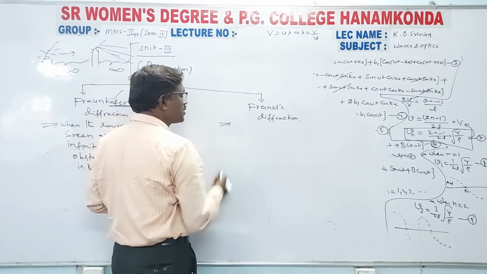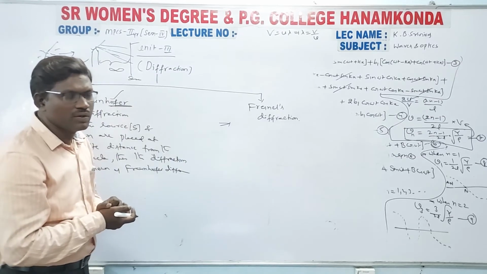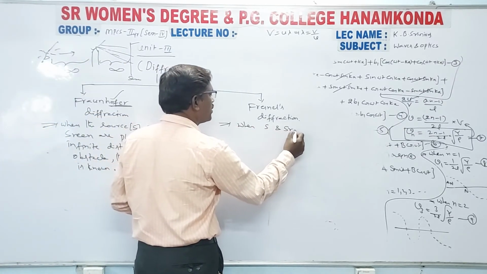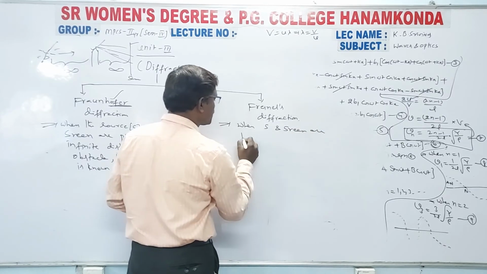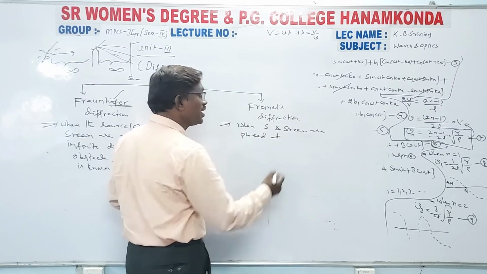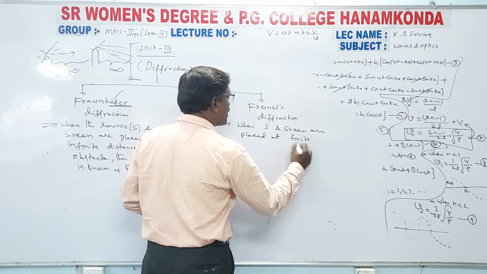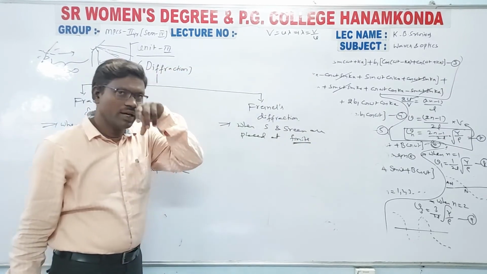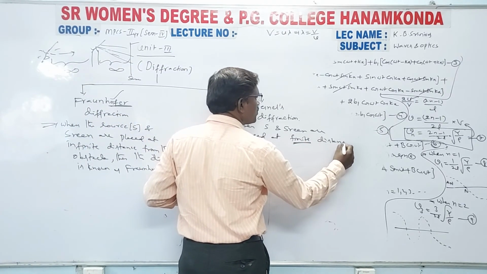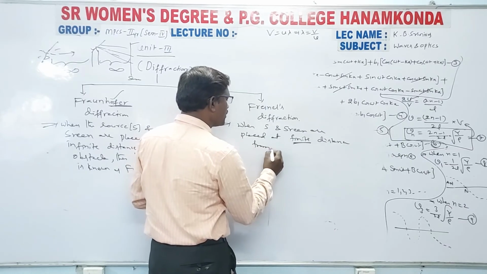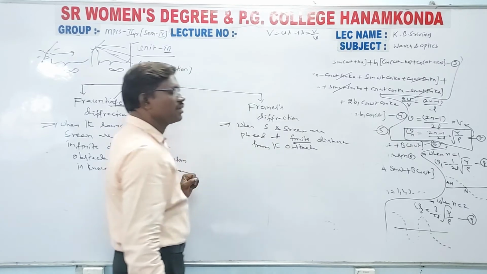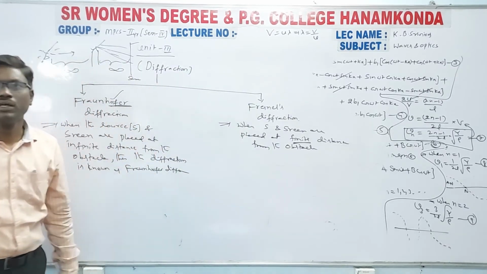Coming to Fresnel's diffraction, opposite to Fraunhofer. When the source and screen are placed at a minimum distance or finite distance from the obstacle, which is a very important term, the corresponding diffraction at the obstacle is known as Fresnel's diffraction.